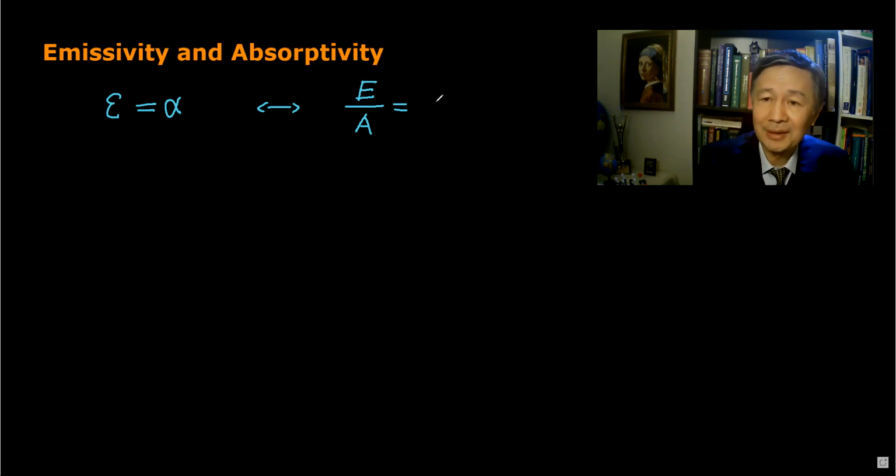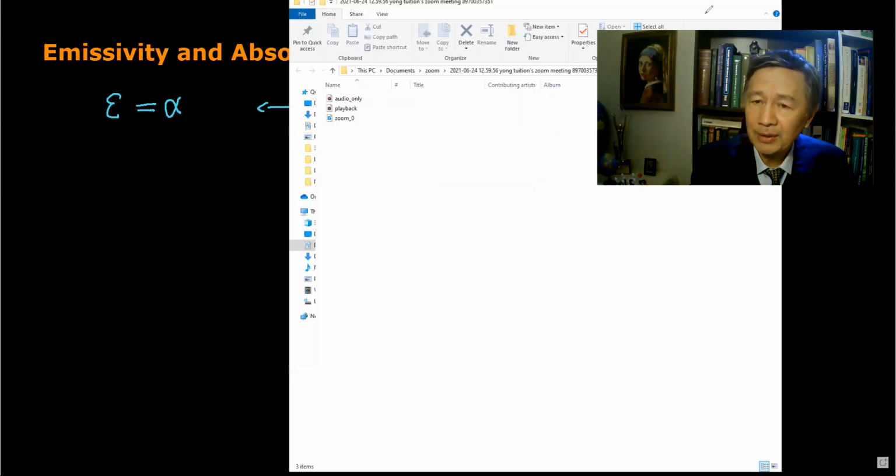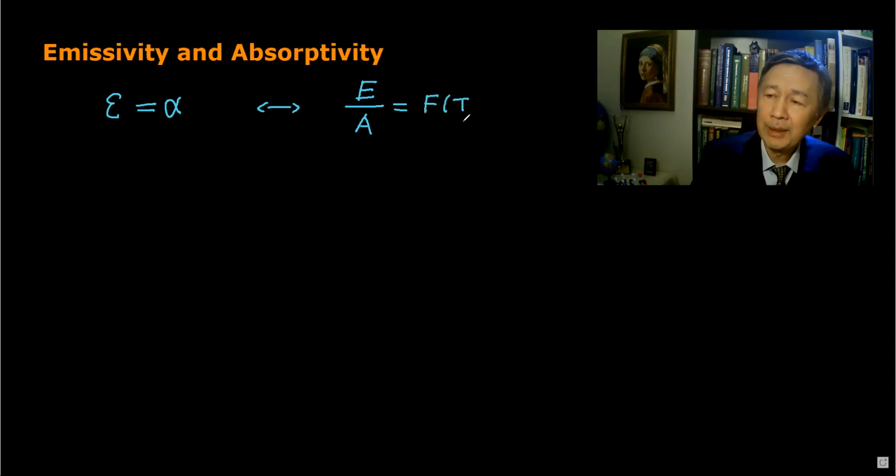Let's just record this as F, which is a function of T. In some textbooks, they write lambda, but I don't think so, because when you measure the radiation distribution, primarily it is a function of T.